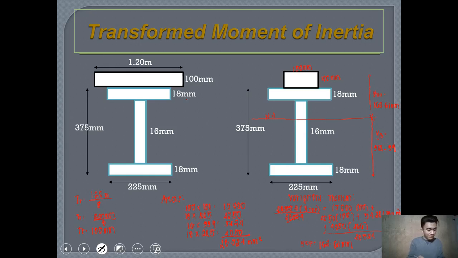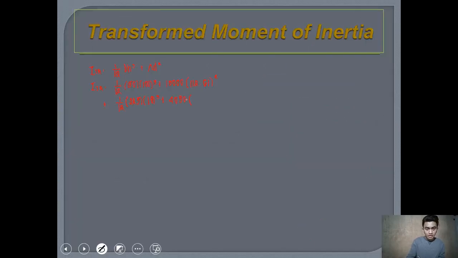So we will have here 53.61. So I will have here 53.61 squared. Then the next one, that is 1 all over 12, multiply this by the base, which is equal to 16, and then its height, which is now 375 minus 18 times 2 again, that is 339.